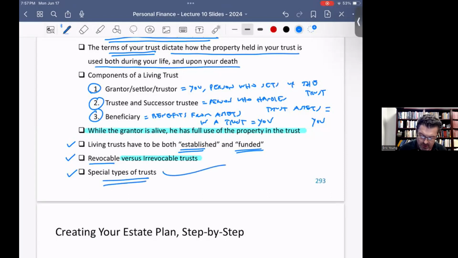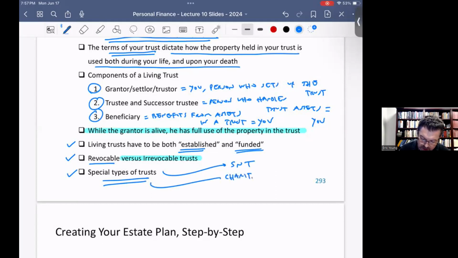So, for example, suppose that you have a child with special needs. This child may never be able to work. Well, there's a document called a SNT, a special needs trust, which is established specifically to provide for the needs of disabled children.